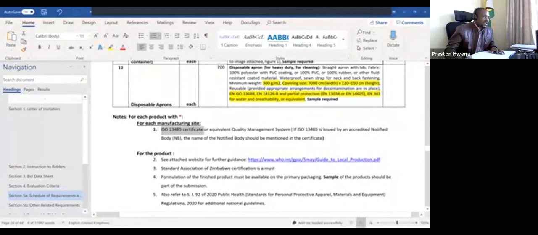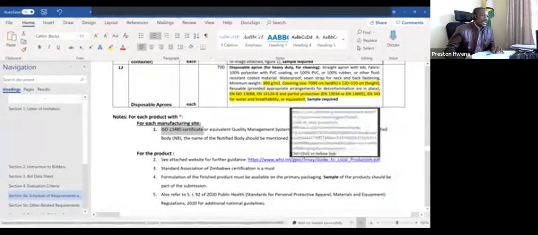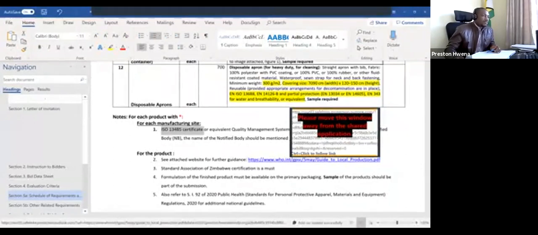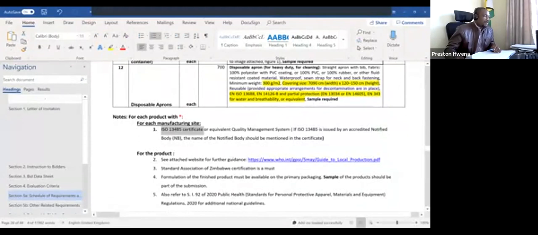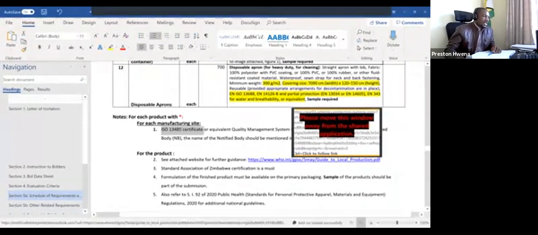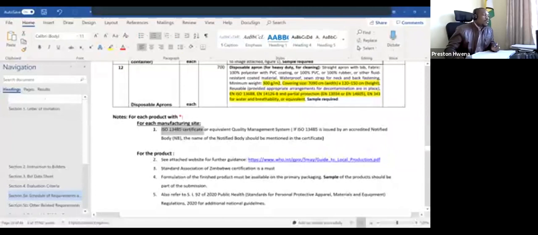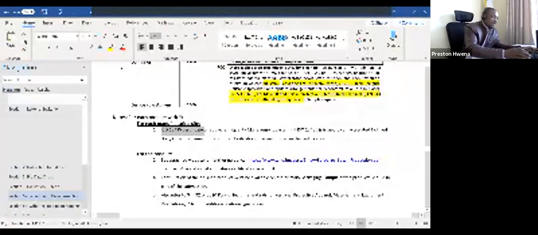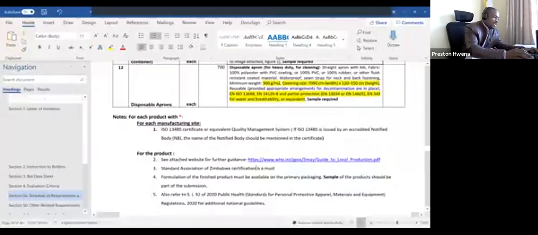For your products, you can also visit the WHO product list for local production. For further guidance, you can visit the WHO guidelines. And we are also saying that Standards Association of Zimbabwe certification or equivalent is a must. So here we are looking for certification or equivalent.